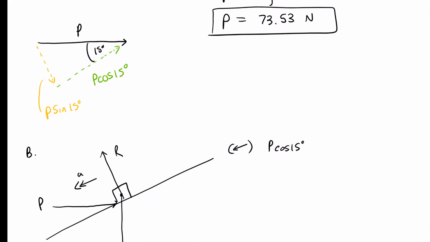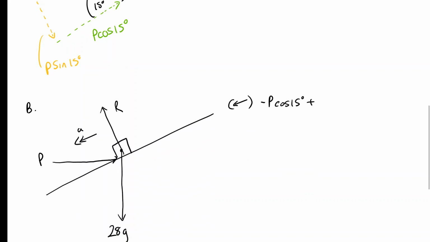And so that's negative now because we've decided down the slope's positive, and then plus the component of weight, which still acts down the slope, plus because down the slope is positive here. So that's 28g sine 15 degrees, and that's equal to ma, 28a.